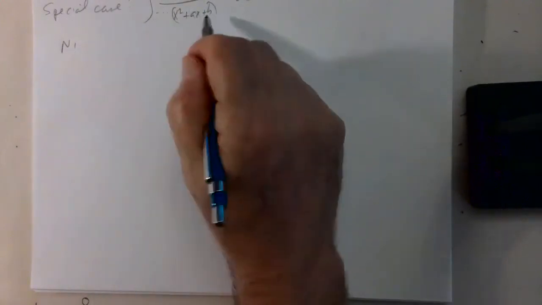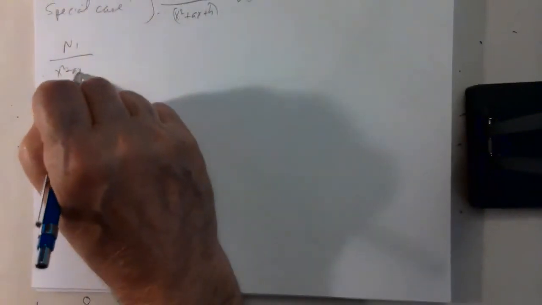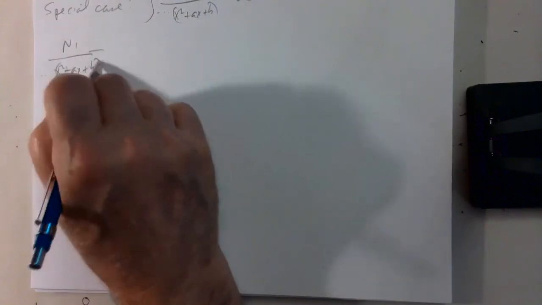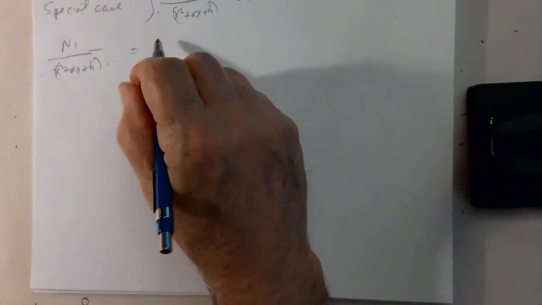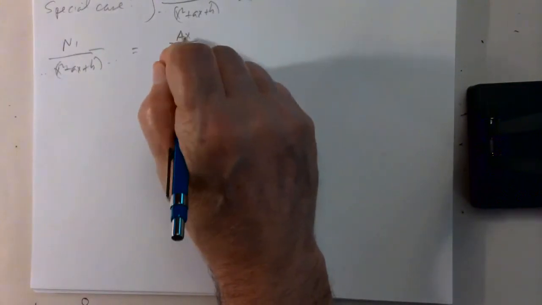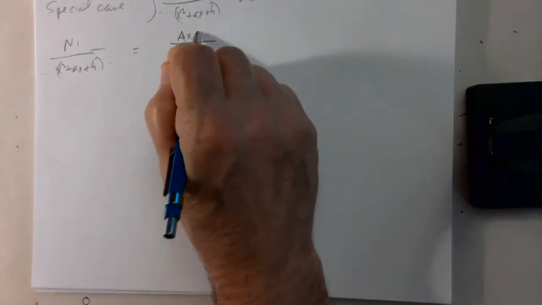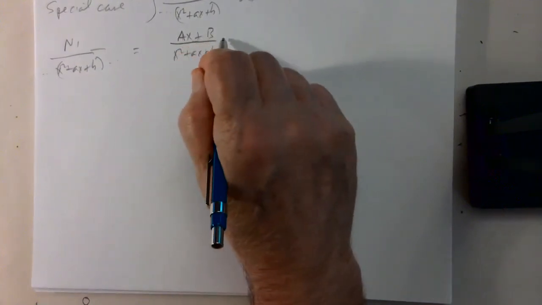So for every quadratic factor which doesn't itself factor, you get a partial fraction where now the denominator is that quadratic and the numerator is linear.